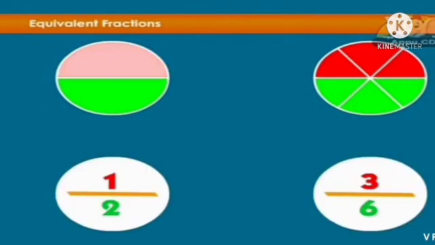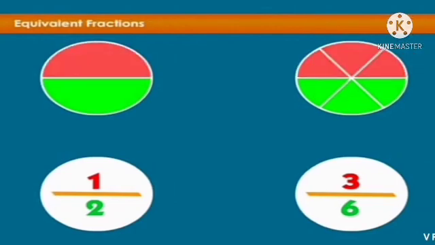Let's see about equivalent fractions. Here 2 circles are given. Check out the circles. We see in the first circle 1 by 2, half the part is red, and in the second circle 3/6 is red. But you notice that the same amount is red on both circles.